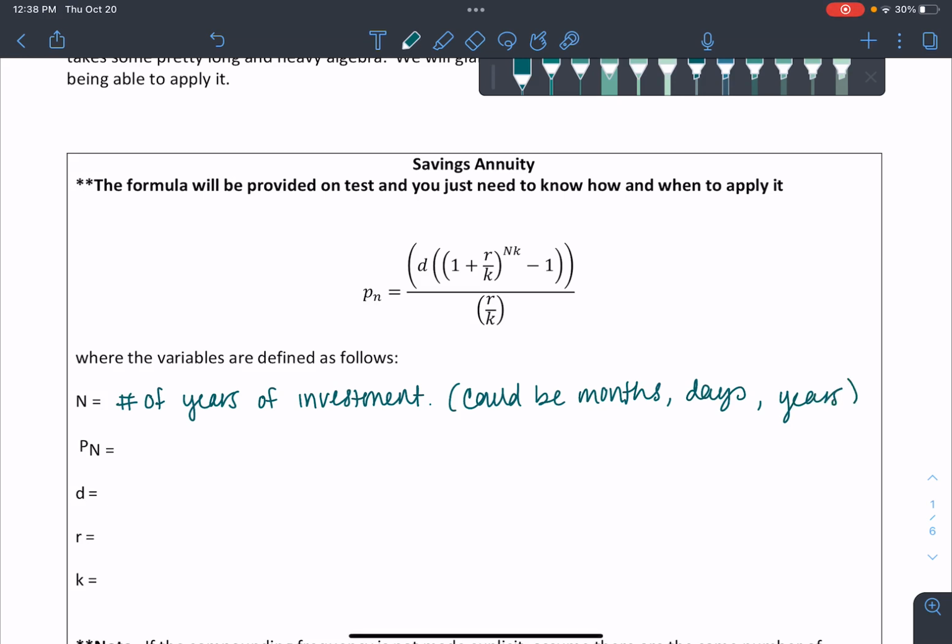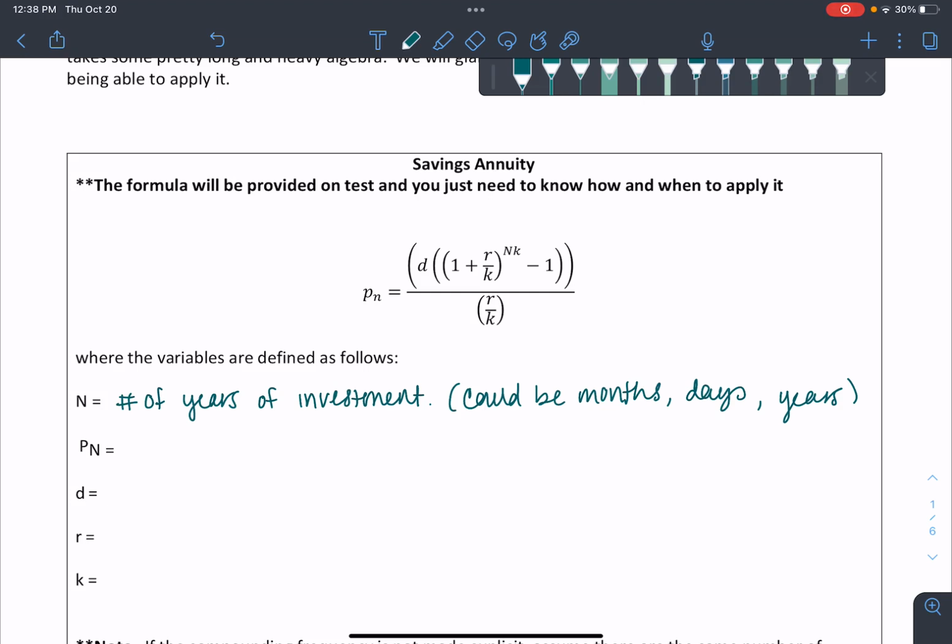So it's the number of years. Now, of course, as we said, that could change, but we will have to reflect that, and we'll talk more about that later. But for now, it's the number of years of the investment, okay?